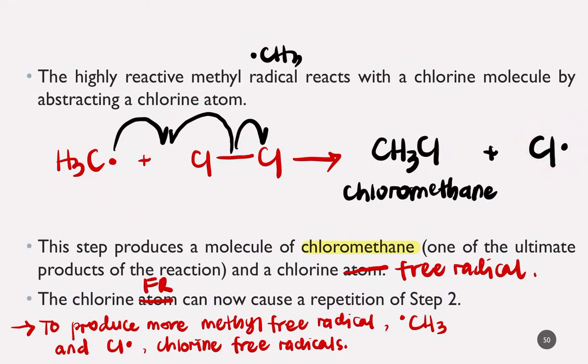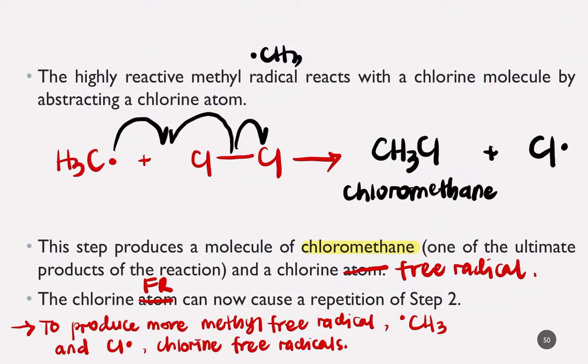So this step produces a molecule of chloromethane, one of the ultimate products of the reaction. So ini adalah awak punya product lah, awak punya main product. And a chlorine free radical. So the chlorine free radical can now cause a repetition of step 2. So propagation step, awak akan guna balik awak punya free radical ni and then react lagi dengan awak punya methane and then produce more free radicals.